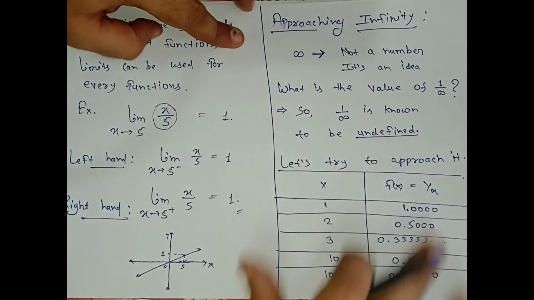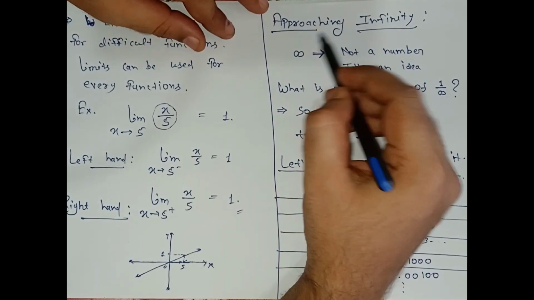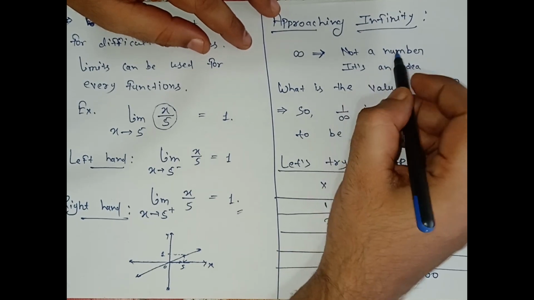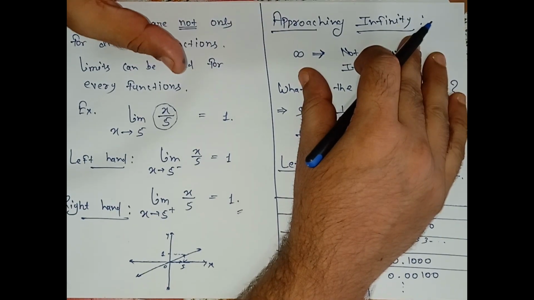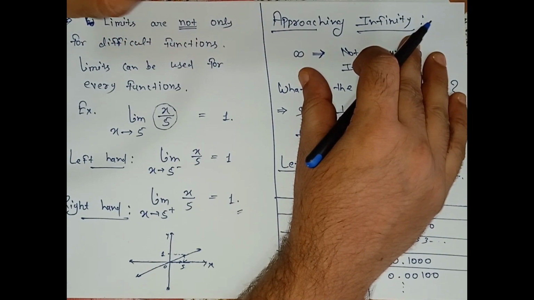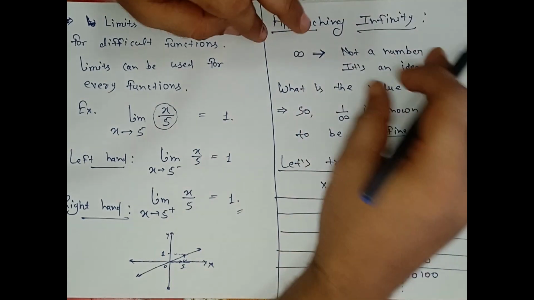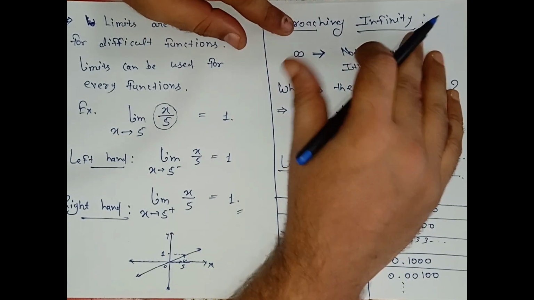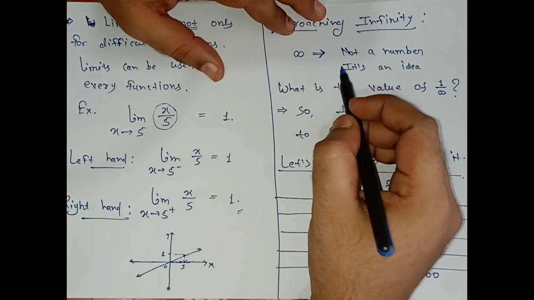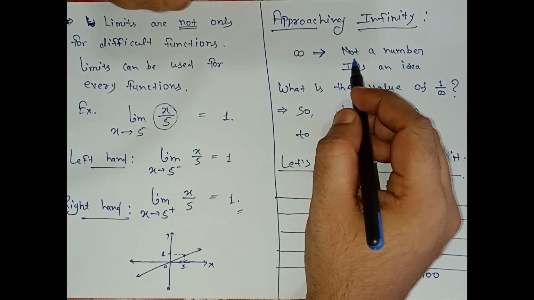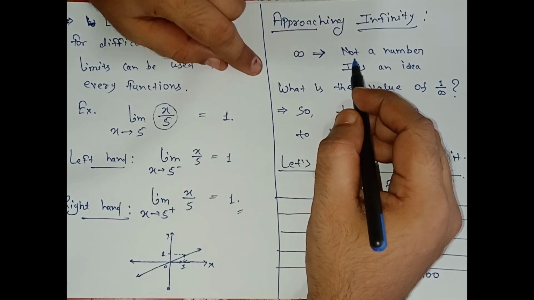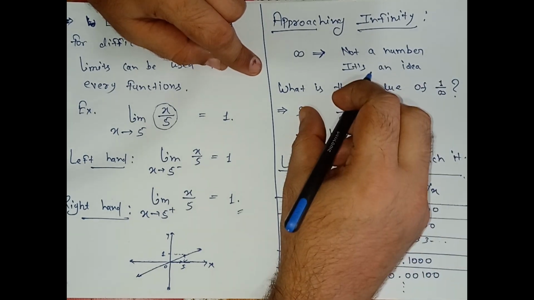Now, let's talk about approaching infinity. At first, let me talk a little bit about infinity. We already know that infinity is not a number, it's an idea. Maybe we could say that 1 upon infinity is equal to 0.